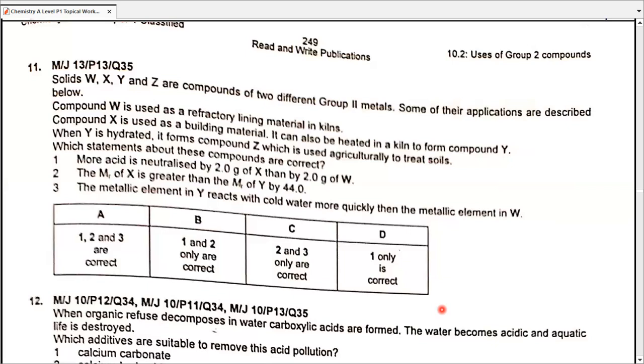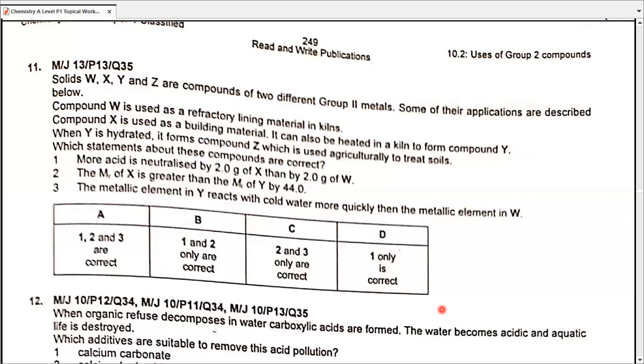More acid is neutralized by 2 grams of... How do we know? C is correct.